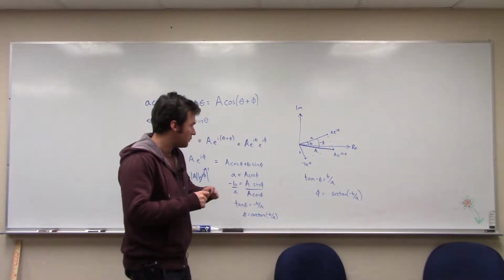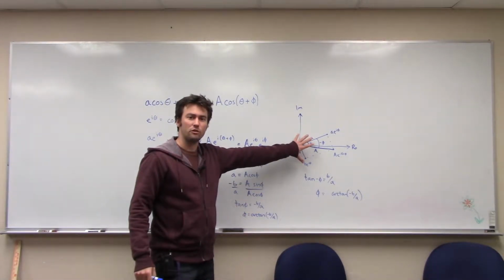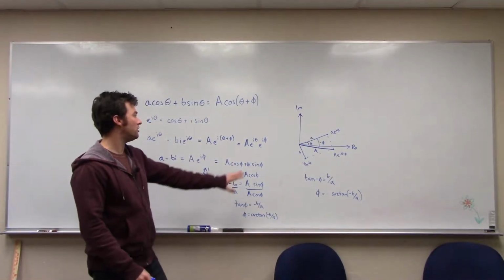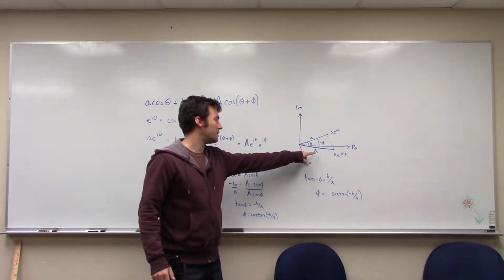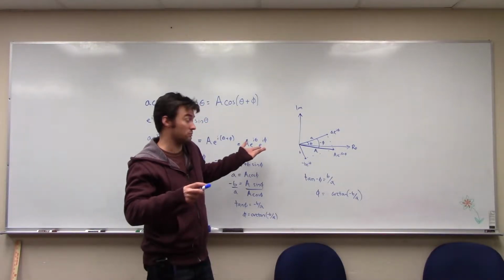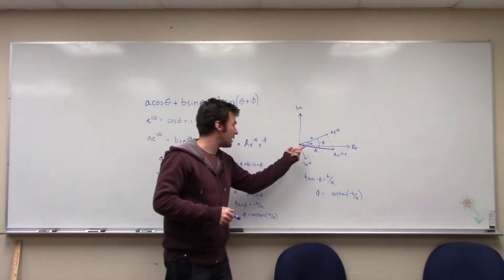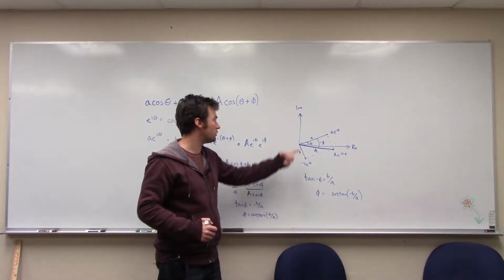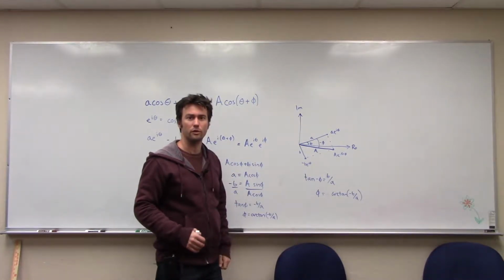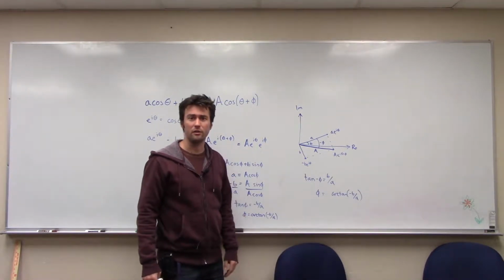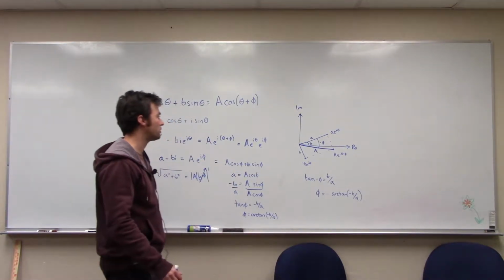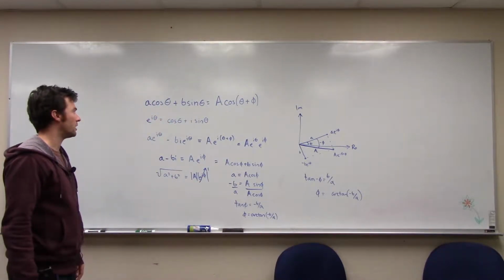So we're seeing this in the complex plane. This picture is showing us the same thing there. It's easy to see here that A, the magnitude, also we didn't do the magnitude before, the magnitude A here must be equal to the square root of A squared plus B squared, because of the Pythagorean theorem. Okay, so that's a visual representation of this rule here.